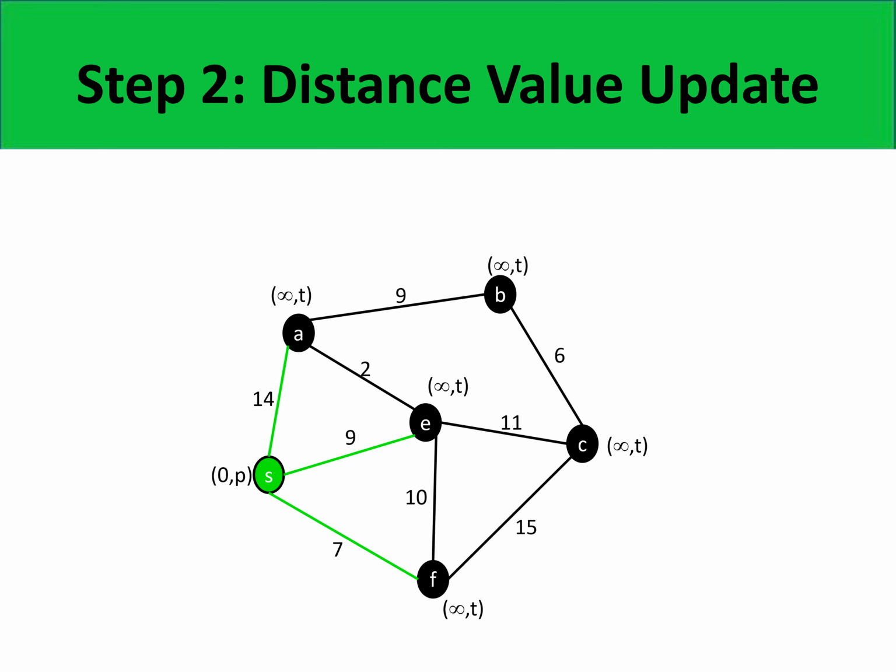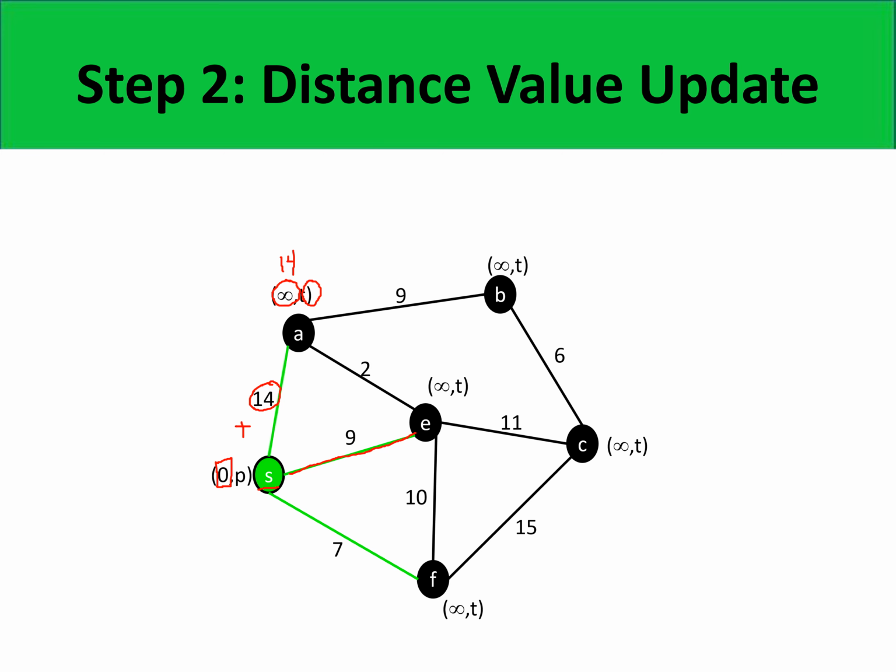Since S is our current vertex, we add its distance value to 14 because S is adjacent to A and A is labeled temporary. Now the sum of 0 and 14 is 14, which is less than infinity. So we must replace this by 14. Now we also do this for the second edge here.